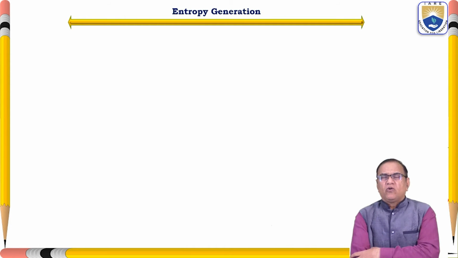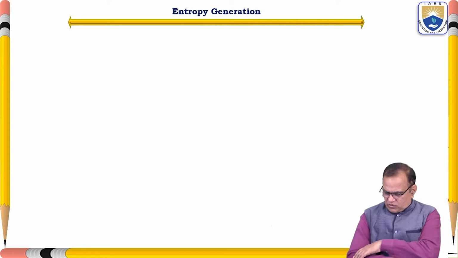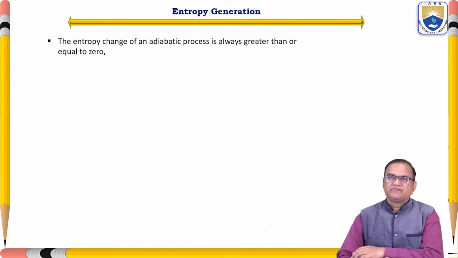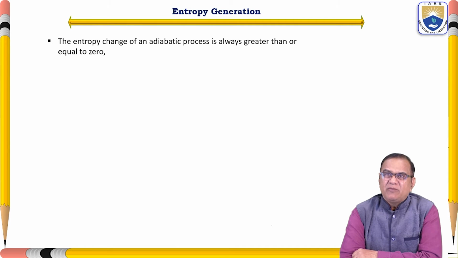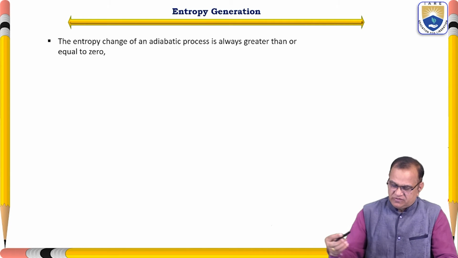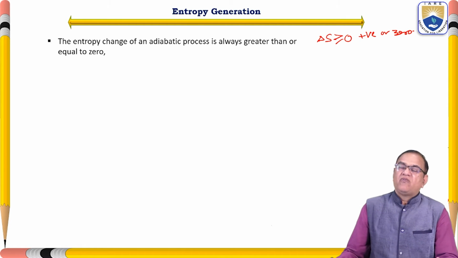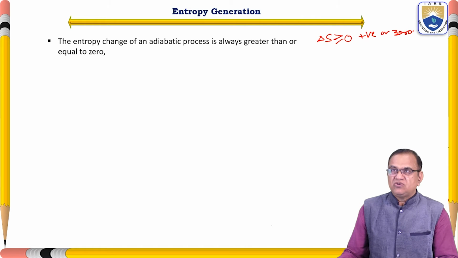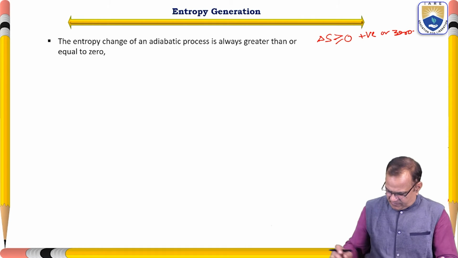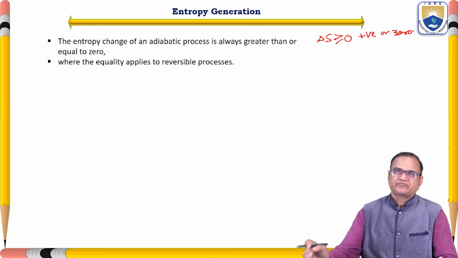So now we will see about the entropy generation, okay, how this entropy is generated. The entropy change of an adiabatic process is always greater than or equal to 0. Just now we have seen that delta S should be always greater than or equal to 0. It means it should be positive or 0. For a reversible process, it is 0, and for an irreversible process, some positive number should be there.